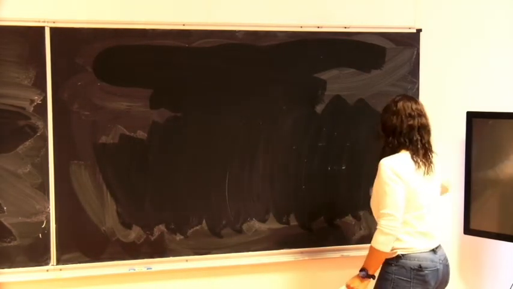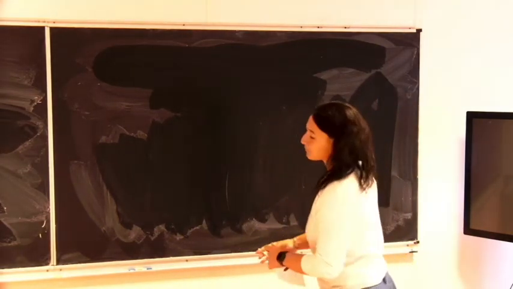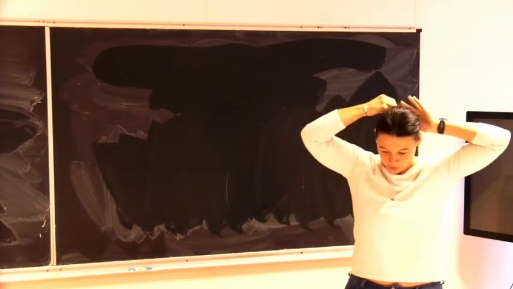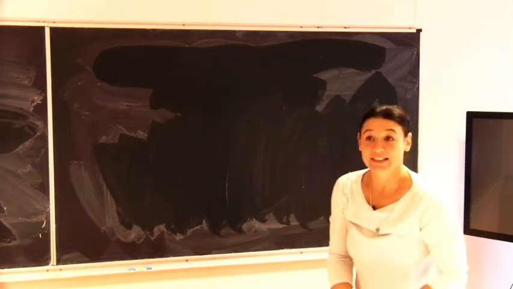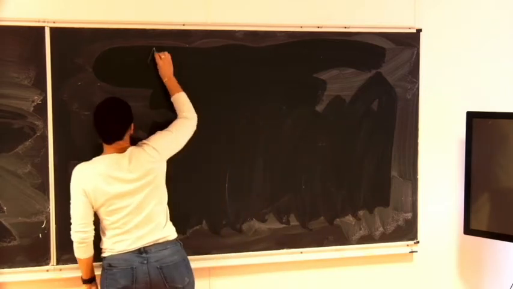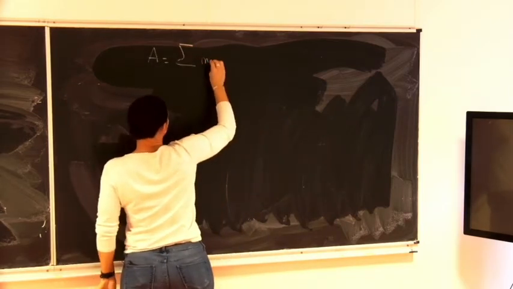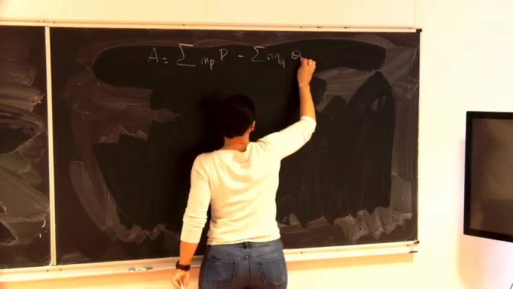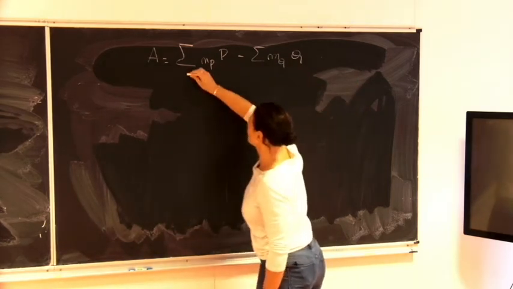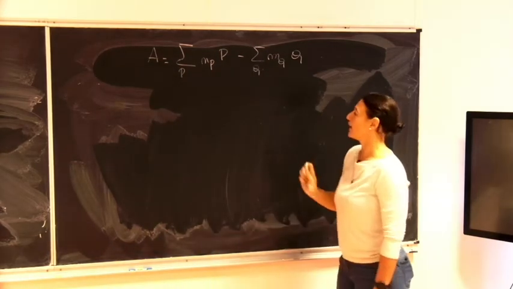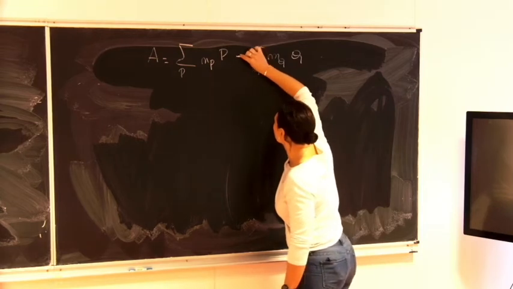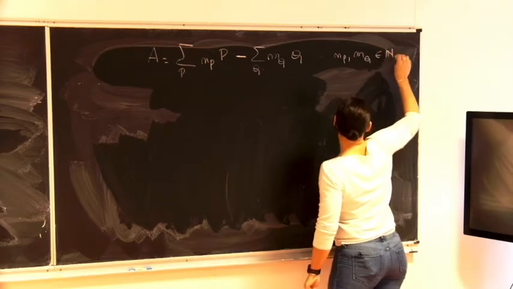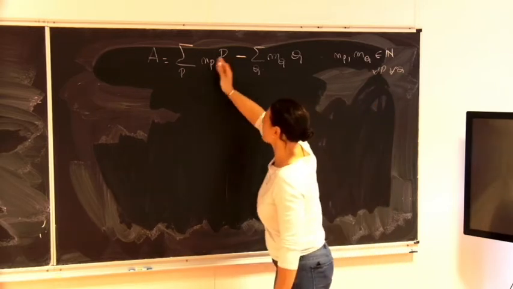So if I have an element Z inside the Riemann-Roch space, let's assume that I have A, this sum, for example, the sum of N_P P minus the sum of M_Q Q, where P and Q are places inside the support of A, and I put a minus here because I want N_P and M_Q to be positive for all P and all Q. This is inside some finite sets.